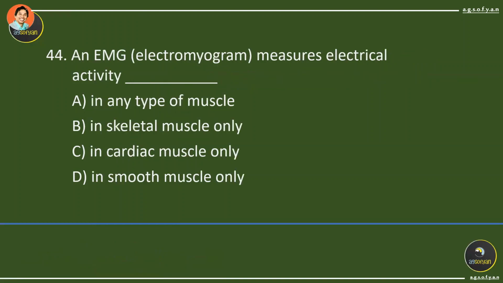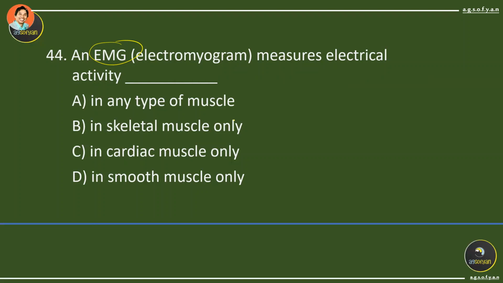An EMG, electromyogram, measures electrical activity in where? Any type of muscle? No, we cannot use EMG for any type of muscle. For example, for cardiac muscles, we will not use this one.